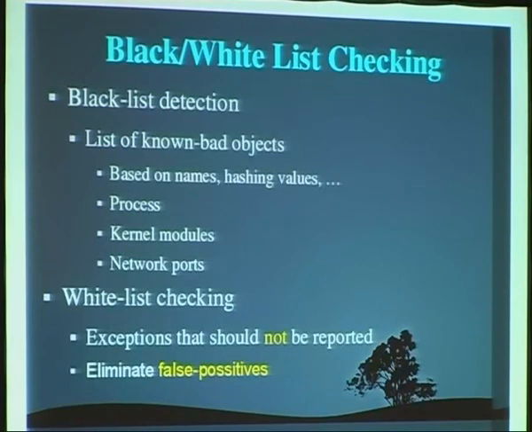So when you see the list of all the kernel modules and you see one that is well-known from malware, you can tell that your system is infected, right? So basically, in the blacklist detection method, we list all the known bad objects, and if you see something in the blacklist, you can report it as malware.